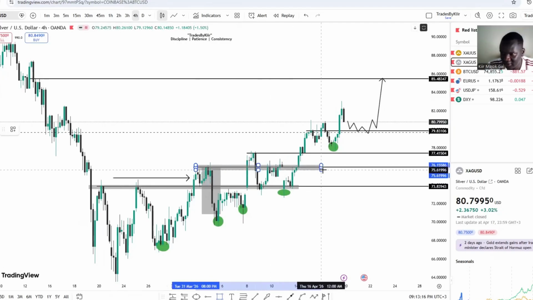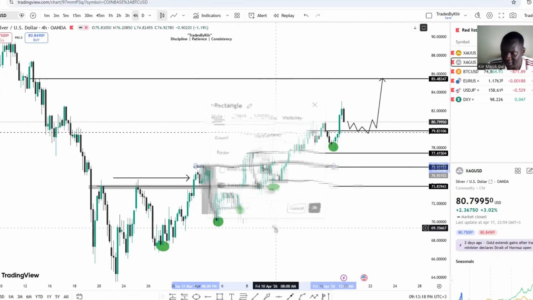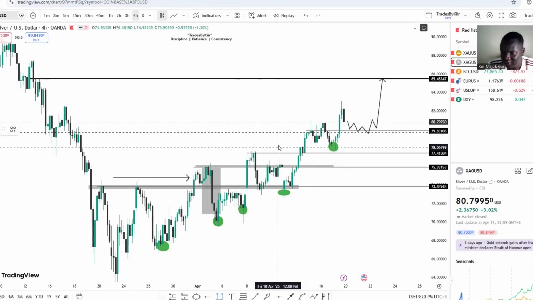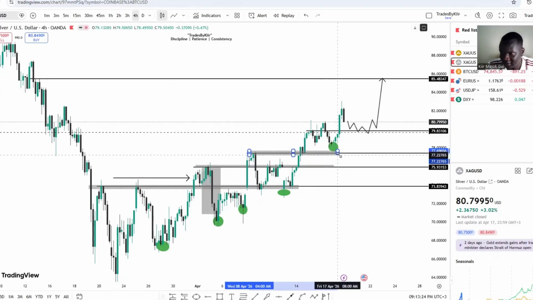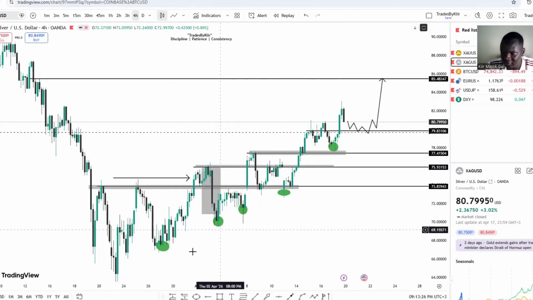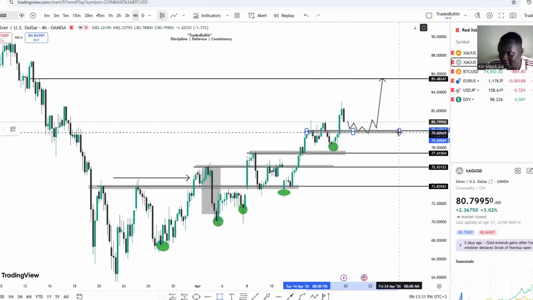We have another indication right here. We also have another indication right here. And then we have this indication right here. You can call this an indication or zone.